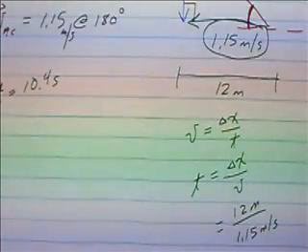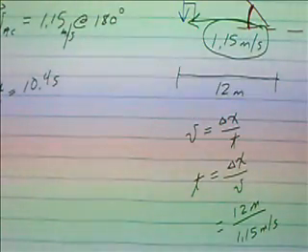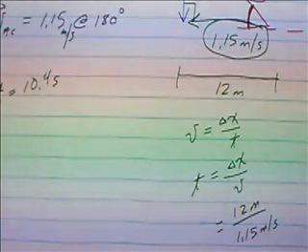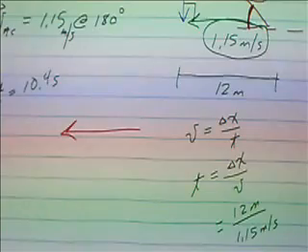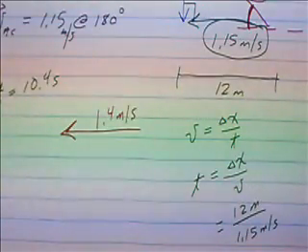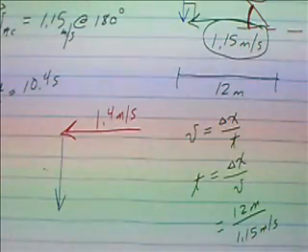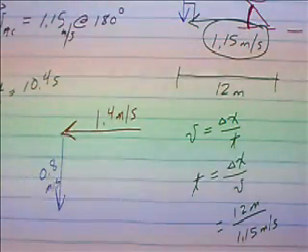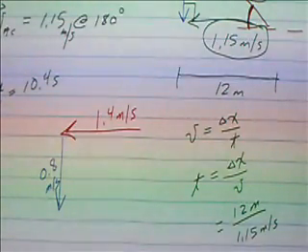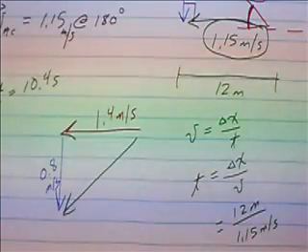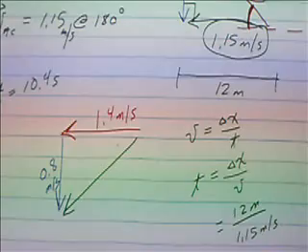The only way that she can reach the other side in less time is to take all 1.4 meters per second that she can swim relative to the water and aim it directly across the river. Now, of course, the river is still flowing, and so it will push her south, causing her velocity relative to the shore to be the sum of those two vectors.